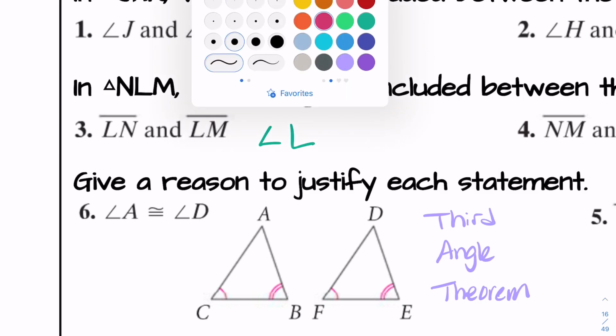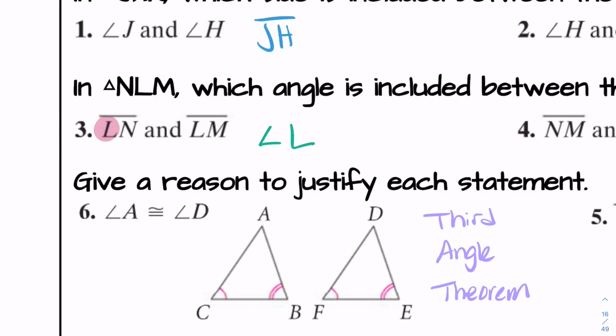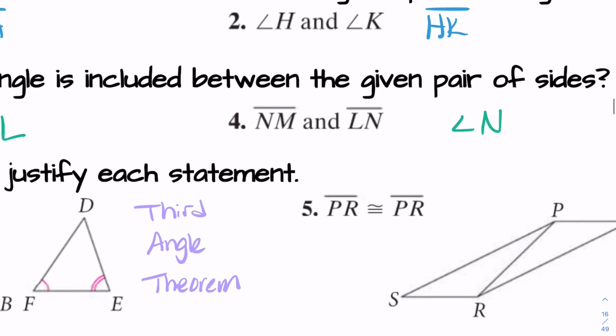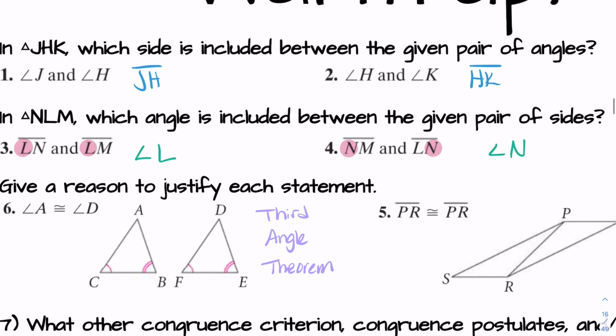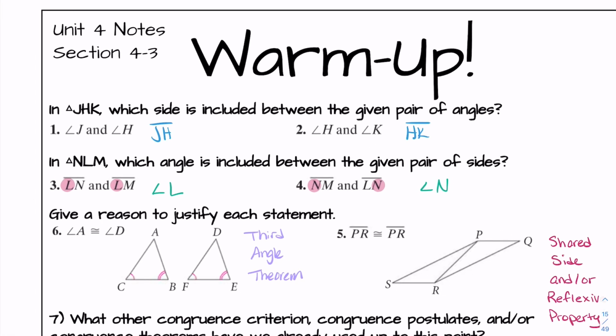LN and LM are both segments off of angle L. Therefore, angle L is the angle in question. And then NM and LN give me angle N as the included angle.